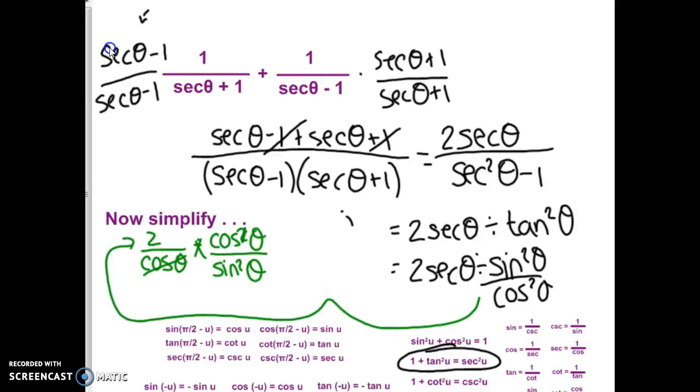This will cancel with one of these, and I get cosine theta over sine squared theta. I don't like to see the sine squared in the denominator, so I'll make my final answer cosine theta cosecant squared theta.